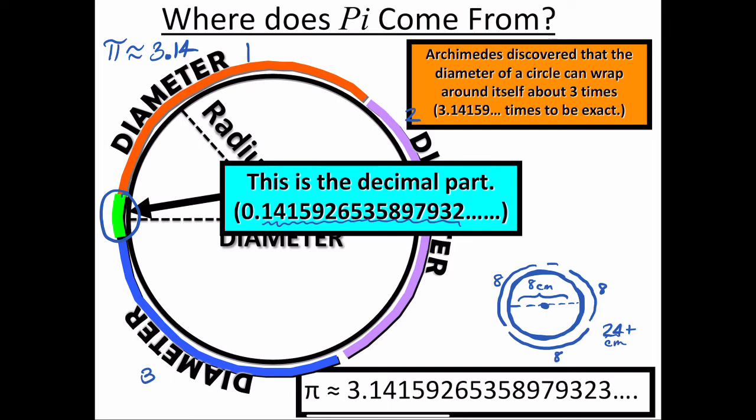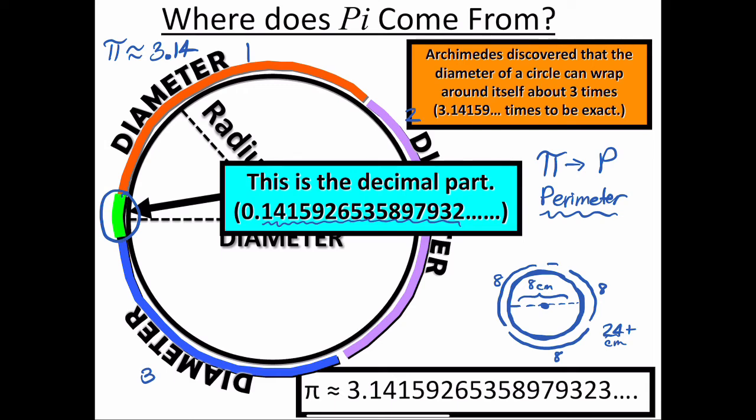Another thing I wanted to talk about was, where does pi come from? Someone didn't just wake up in the morning and say, I want to make pi the symbol. Pi is the Greek letter for P, and P stands for perimeter. Now, we don't call it perimeter of a circle. We call it circumference because it's round. Perimeter is relegated for polygons.